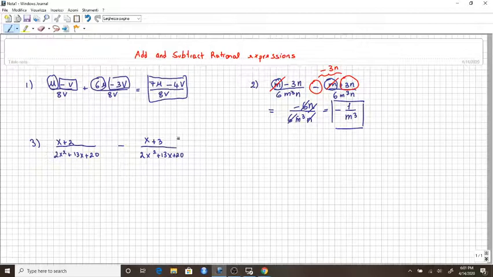Okay, so again, try to do this by yourself. So the denominator is the same, so it's going to stay. So I have a 2x squared plus 13x plus 20.